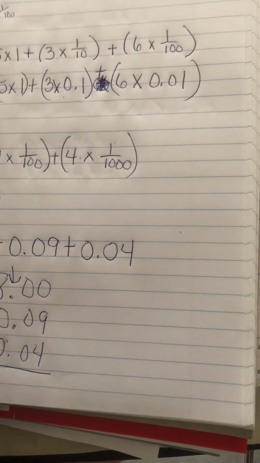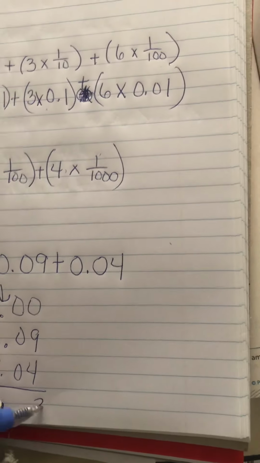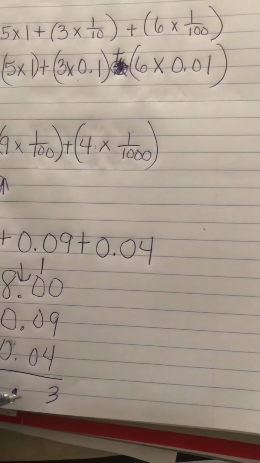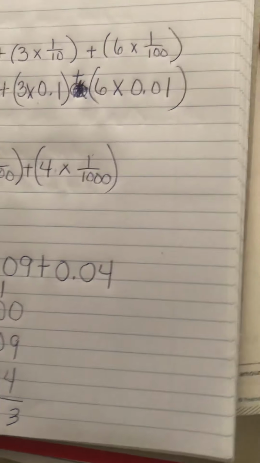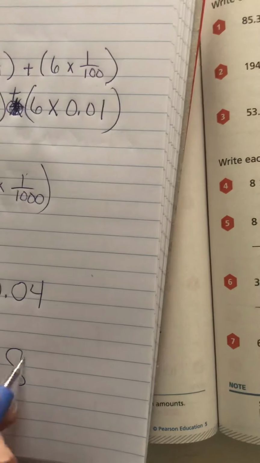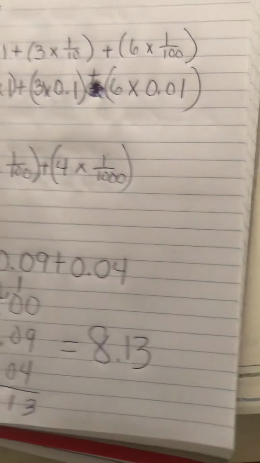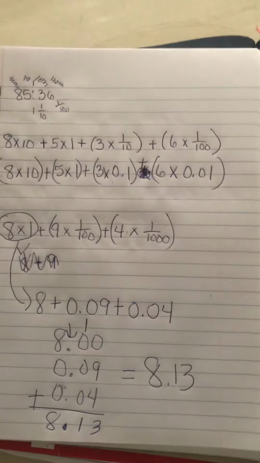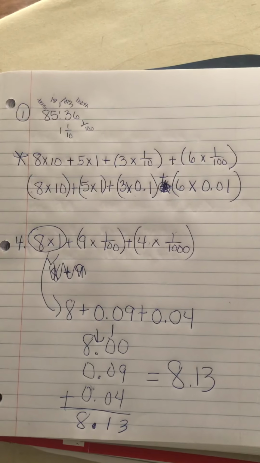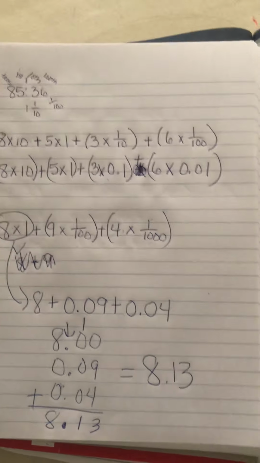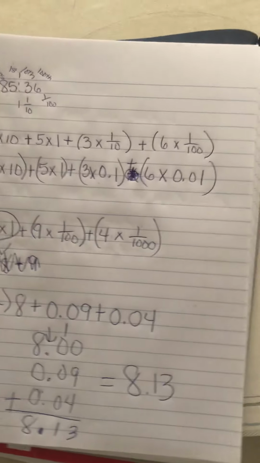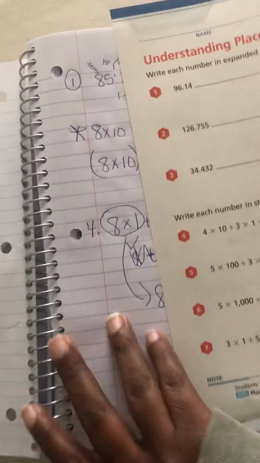And then you're adding them up. Bring your decimal down. 13, carry the 1, that gives you 8. So the answer to this one is 8 and 13 hundredths. Number 1, number 4, and this is page 415. All right, let's turn the page.